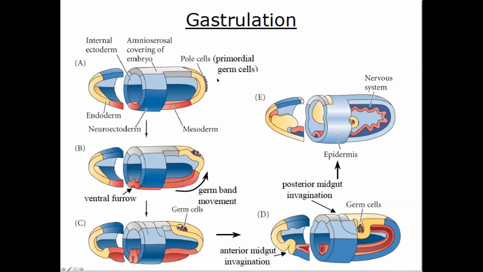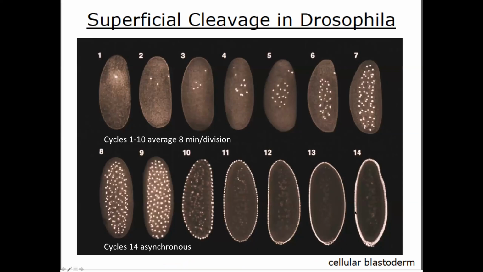The first event that leads to specification is the formation of pole cells. Before that, there is no specification that happens. So the formation of the pole cells separates what is going to be the future gonad. And then the events that lead to the formation of the cellular blastoderm are initiated. And now you have cells surrounding the yolk.